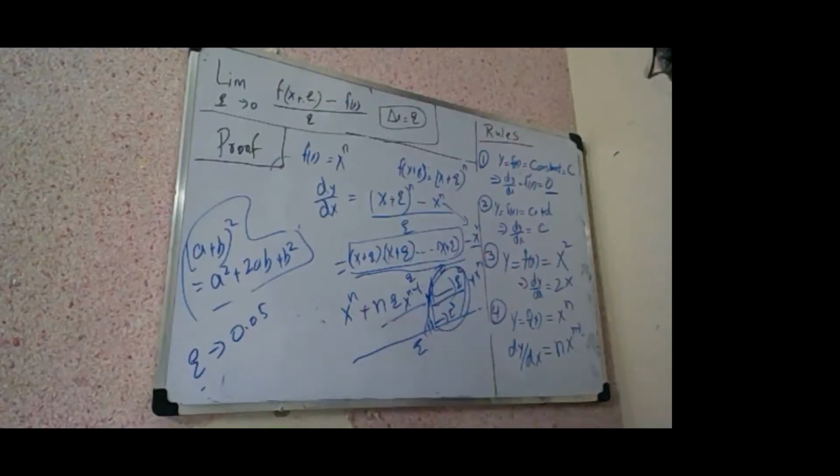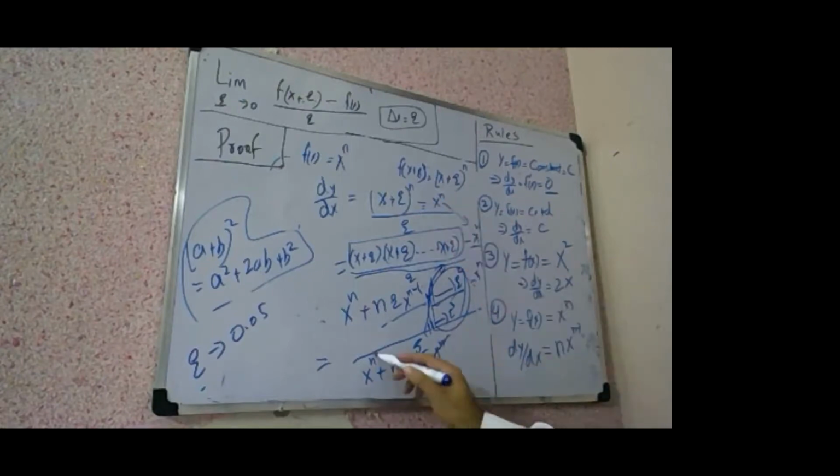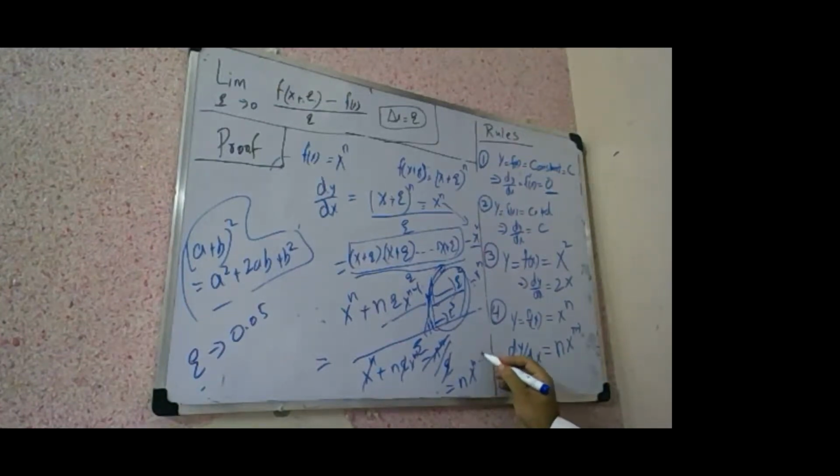And I can just take this one, because we have epsilon also in the denominator. So I can take x power n plus n epsilon x power n minus 1, minus x power n. This one is minus, remember? So x power n will be cancelled, and epsilon, epsilon cancel. So what will this give us? n x power n minus 1, which is the same as the rule we have. Understand? Just have a look.